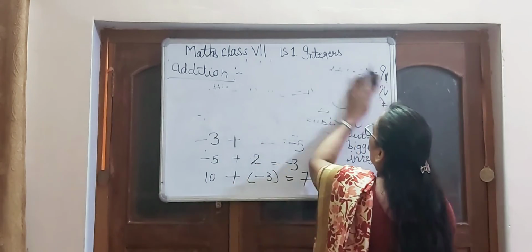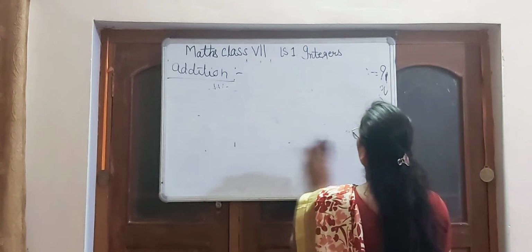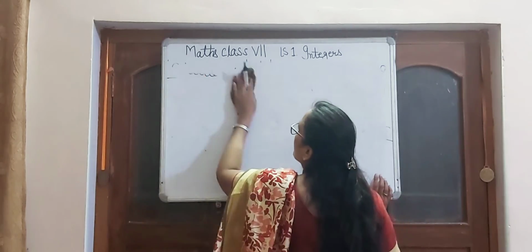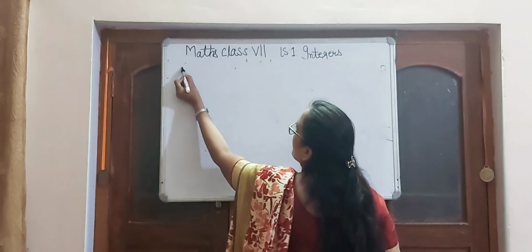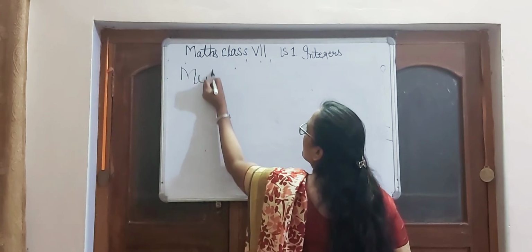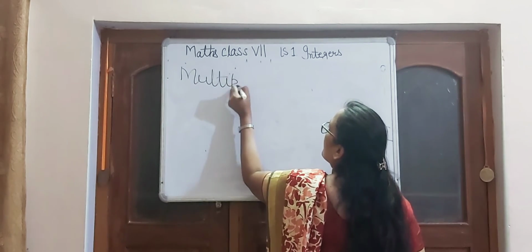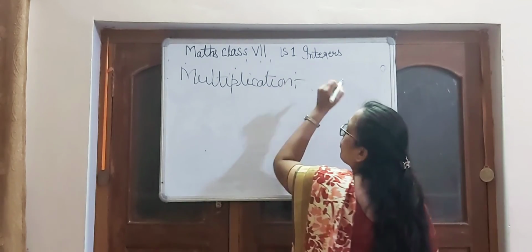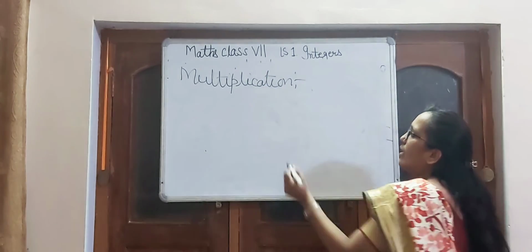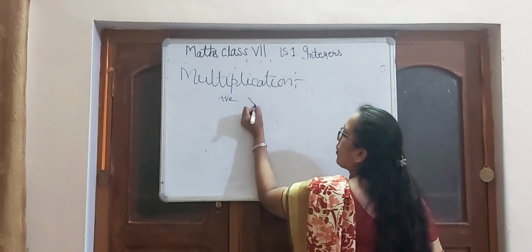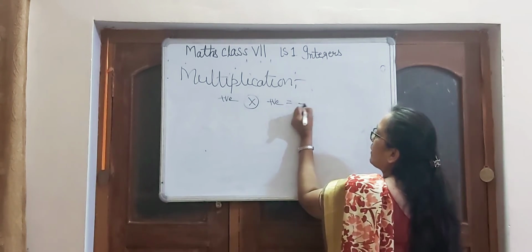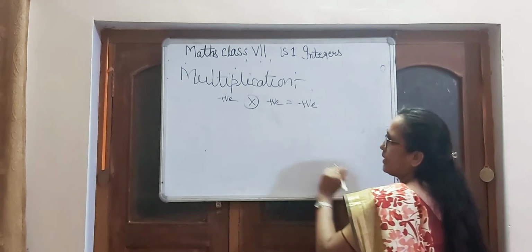Now I will explain how to do multiplication. For multiplication you have to first learn the rules by heart. Multiplying any two positive integers, you will always get a positive answer.